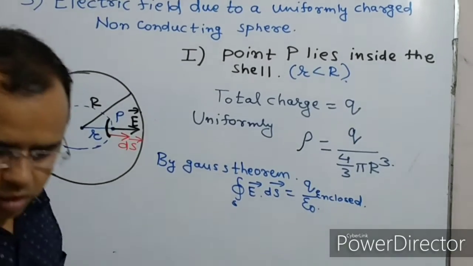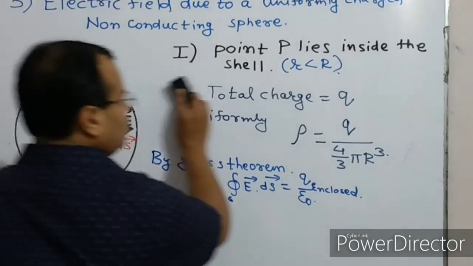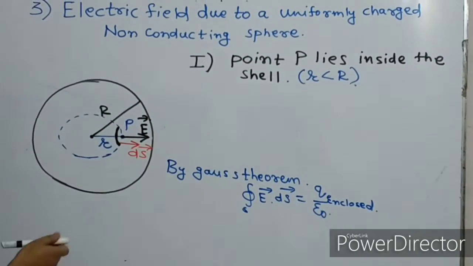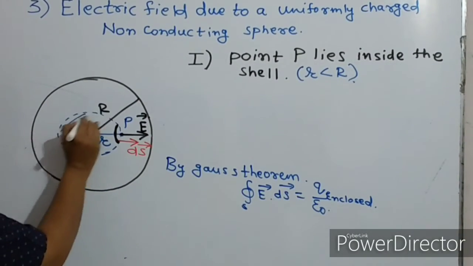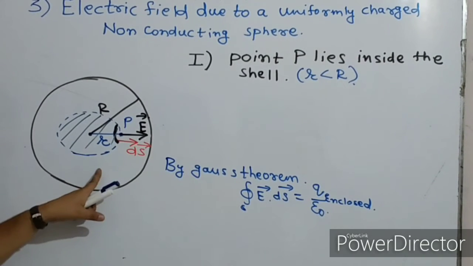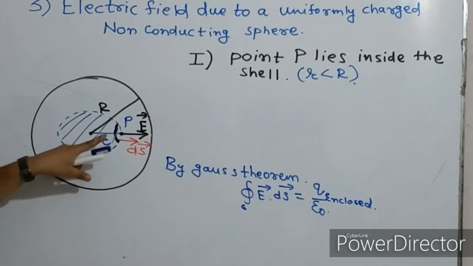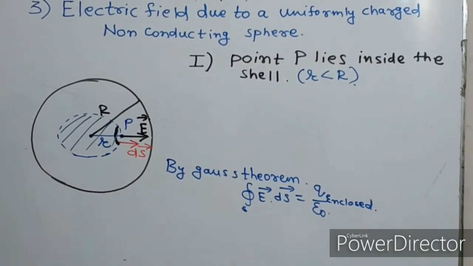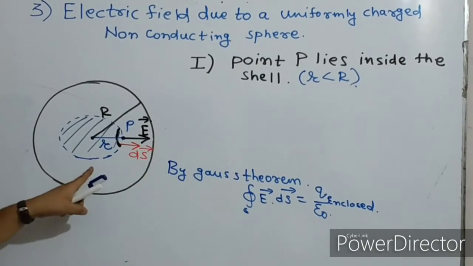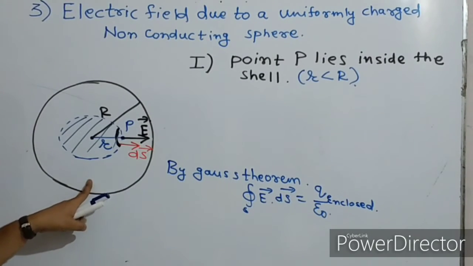As far as the charge enclosed by the Gaussian surface which is given here, this charge is not q. This is the charge which is enclosed. There is some charge outside the Gaussian surface also, but we are considering the charge inside the Gaussian surface. So in this case this charge is not q but q dash.